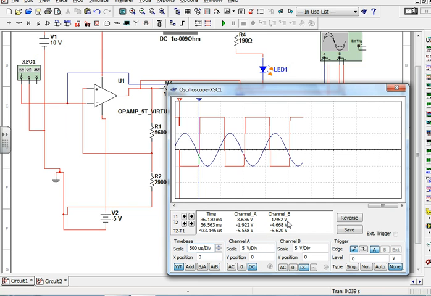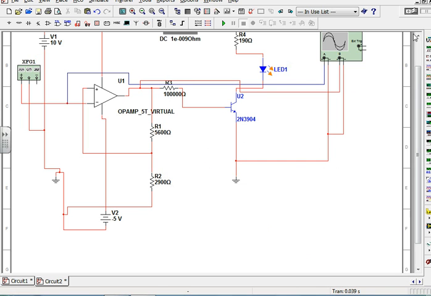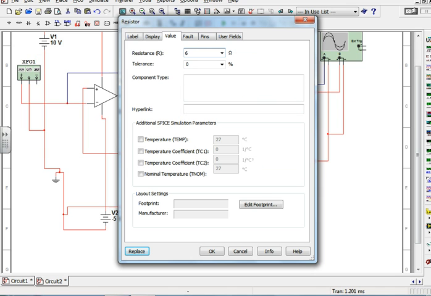So we have 1.9, 1.9, and we want 1.7. All right, so we got to tweak on it a little bit more. Not much though. We'll tweak on it up to 6.6, 6600.